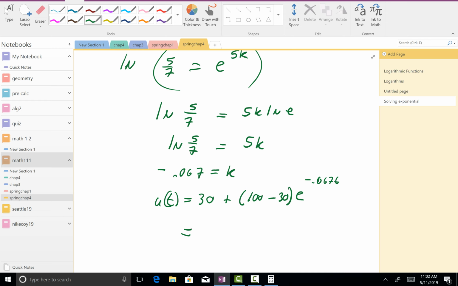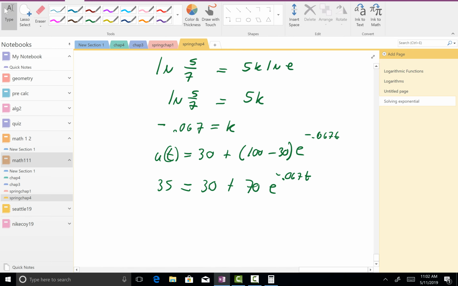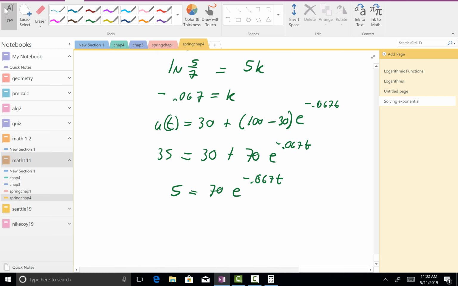It's just now you're finding the time. About 39. Okay, there it is. So again, just do the same thing. Okay, so that's Newton's law of cooling.